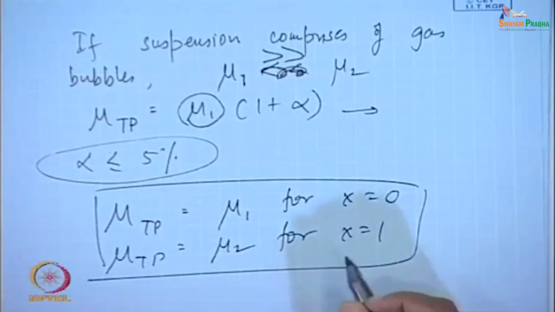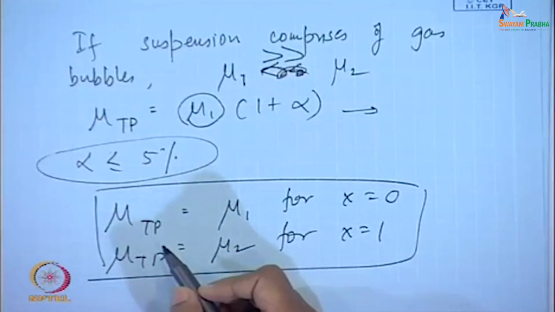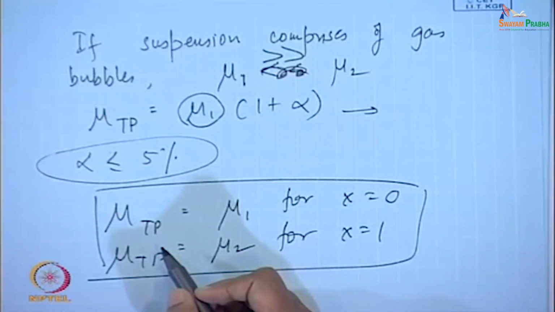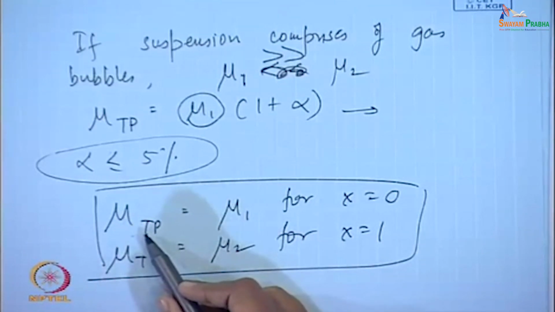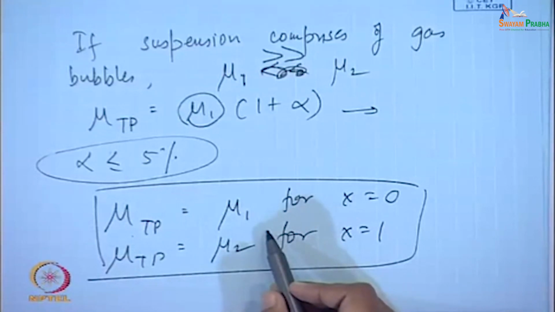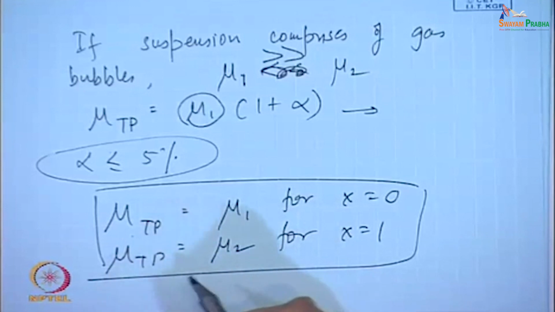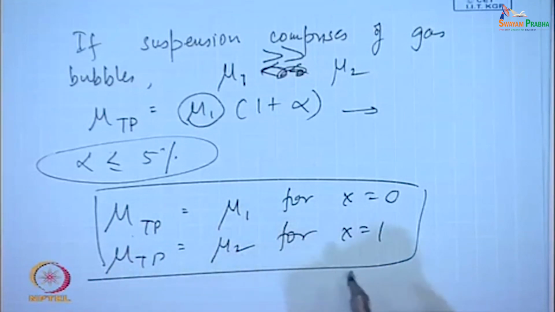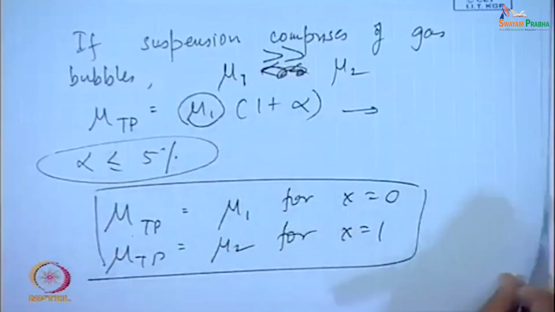So, we have to keep in mind that whenever we use any rheological model, it must conform to the limiting conditions, where mu TP, the two phase viscosity, reduces to the liquid viscosity for no gas or vapor flow, and reduces to the gas viscosity for only gas or vapor flow. Based on this criteria, several empirical equations have been proposed by numerous authors.